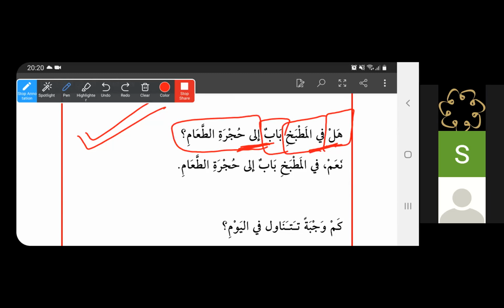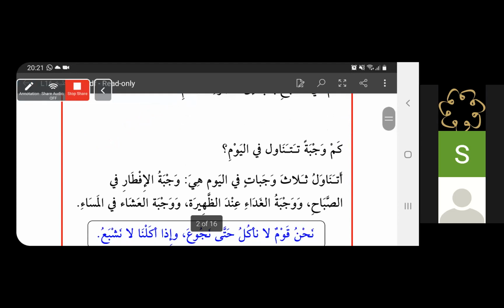Is there in the kitchen a door to the dining room? يعني can you go to the dining room from your kitchen? الجواب نعم. في المطبخ باب إلى حجرة الطعام. نعم is yes. In the kitchen, there is the door to the dining room. تمام, أحسنتي.